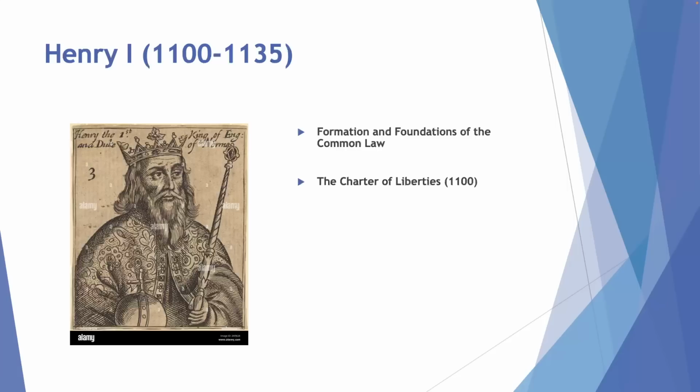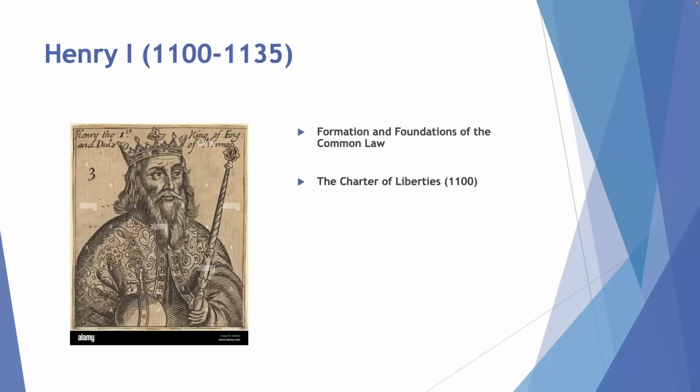Charter of Liberties. The Charter of Liberties was a document that was partially inspired by a number of the grievances that had taken place with and around the nobility under his brother William II.